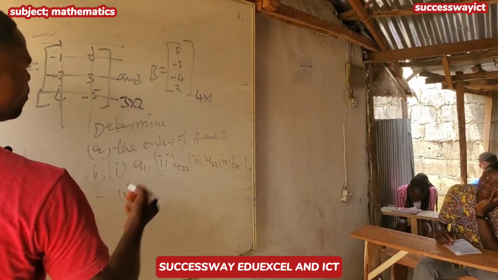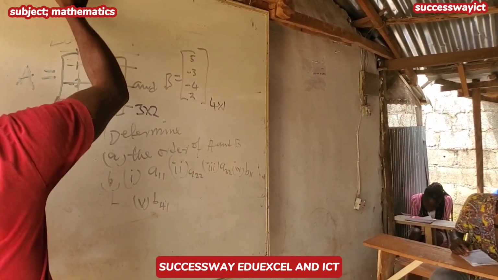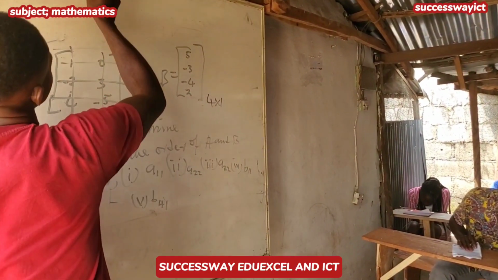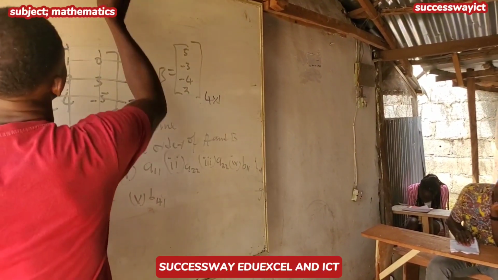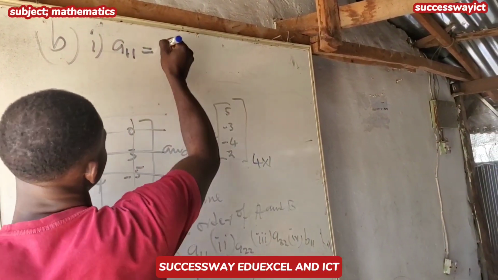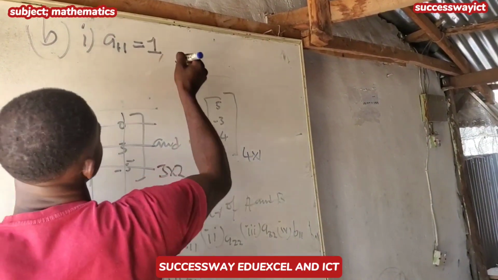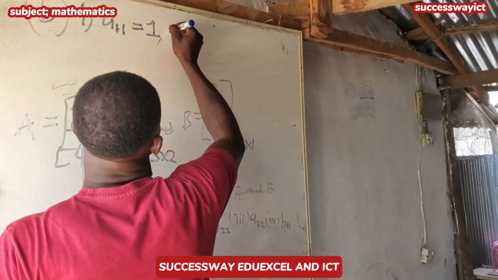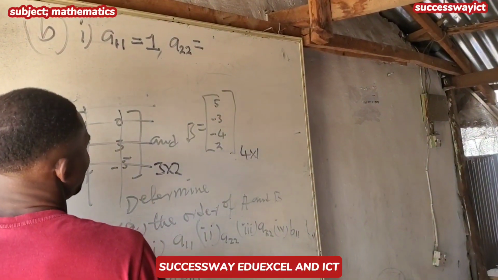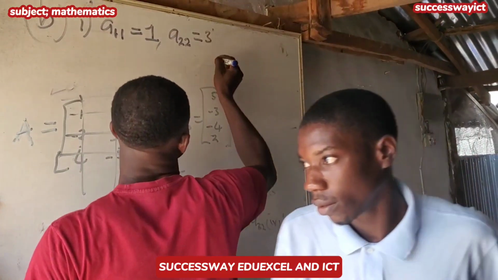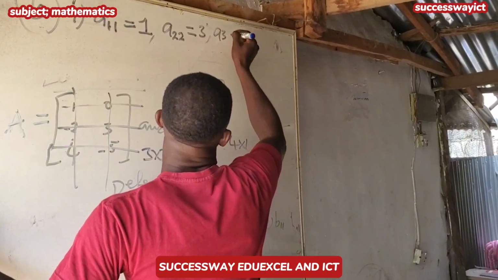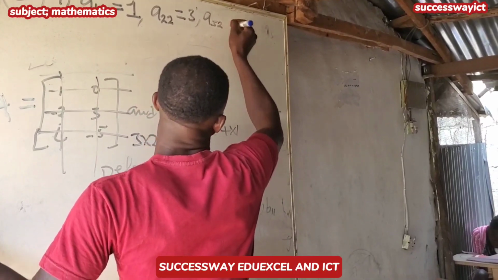Can we start with the B now? With the B question. So we have I. What is the I there? A, first row, first column. What is the element there? The element is 1. What about second row, second column? Which element is there? What about third row, second column?